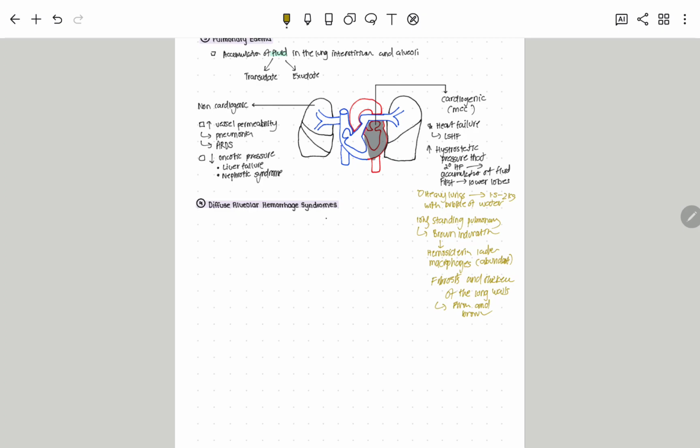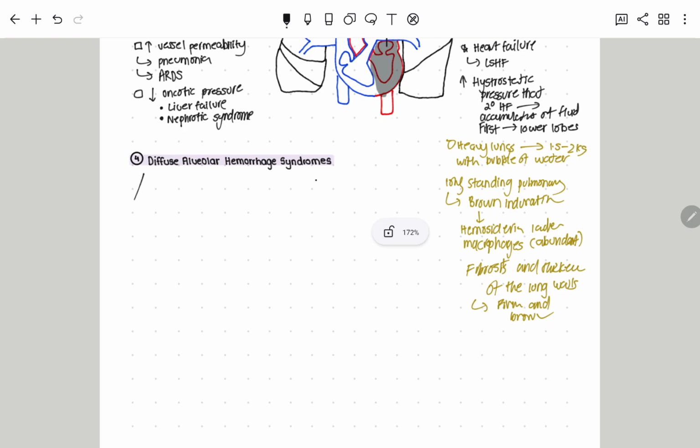And so for the fourth type of pathology we need to discuss, which will be a relatively quick one, is diffuse alveolar hemorrhagic syndromes. And there are two within these that we need to discuss. The first one is what we call Goodpasture syndrome.